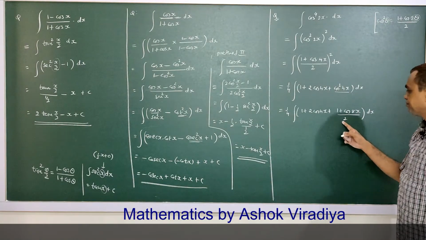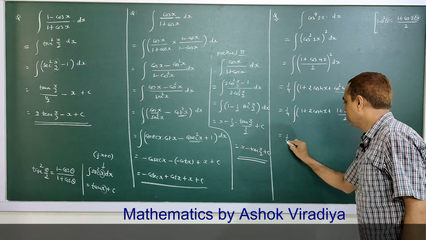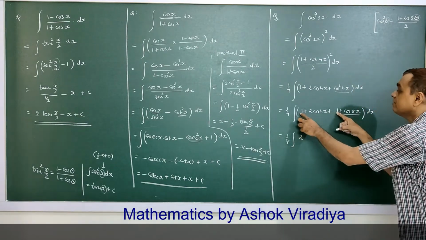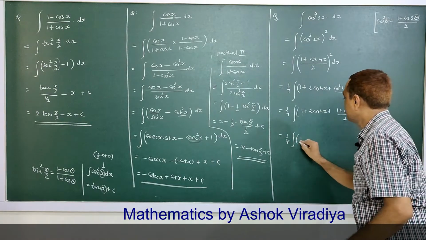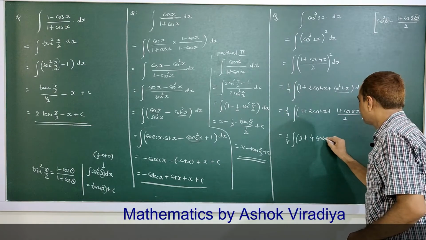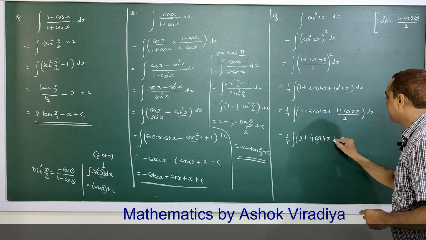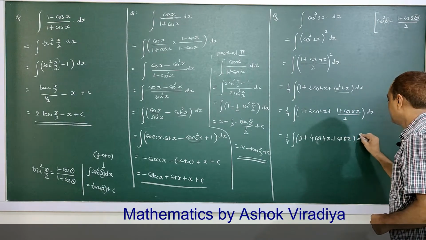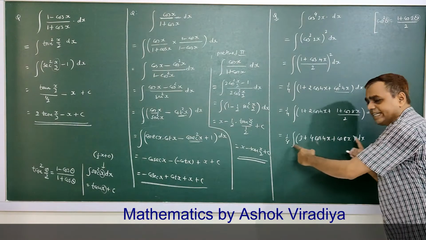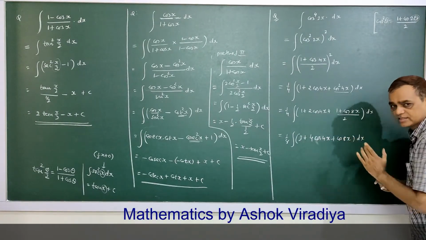Now 2 is LCM. So taking 2 LCM, 2 into 4, 1 by 8, 2 into 1 is 2, then this 1 will be added. 2 plus 1 is 3, plus 2 into 2 is 4 cos 4x, plus cos 8x dx. Now this is integrable. You can see that they are separated by plus sign, individual cosines.